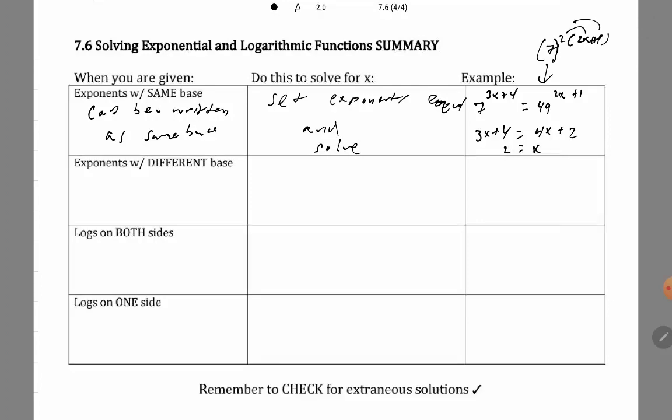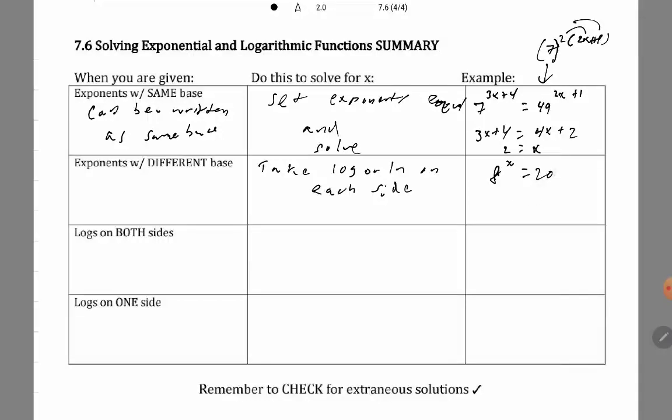Exponents with different bases. So you would take the log or natural log on each side. 8 to the x equals 20.